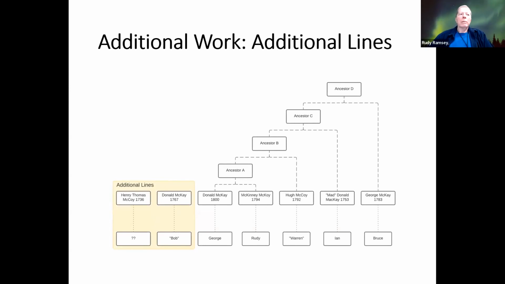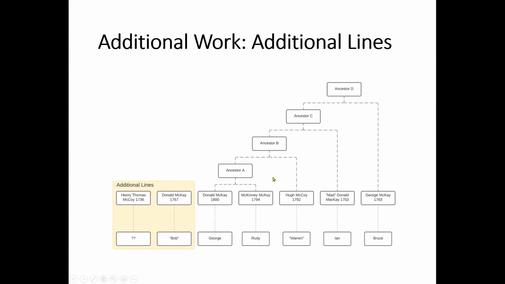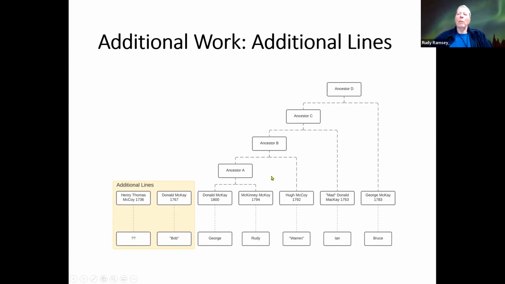And additional lines may be helpful. I already know about 2. There's a line in FTDNA in the McCoy surname project that's closer to me than these 2 lines. I think it's next. It fits right in here in terms of STR marker genetic distance.